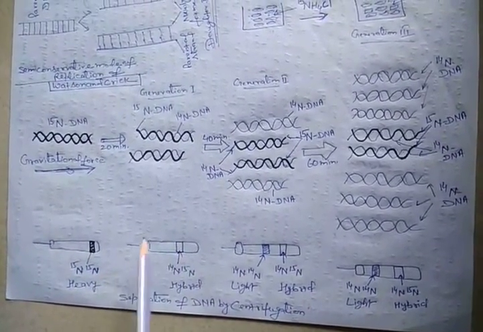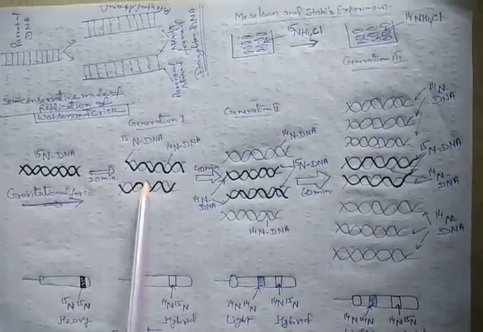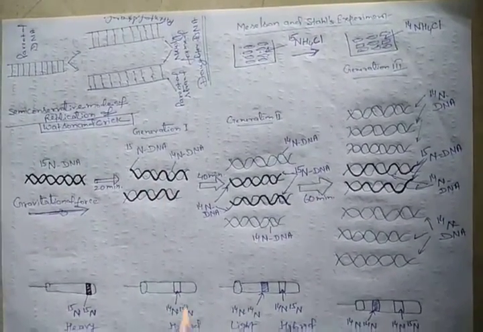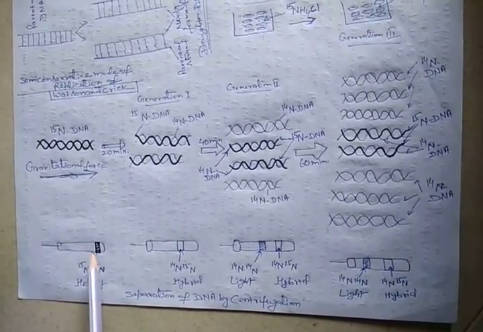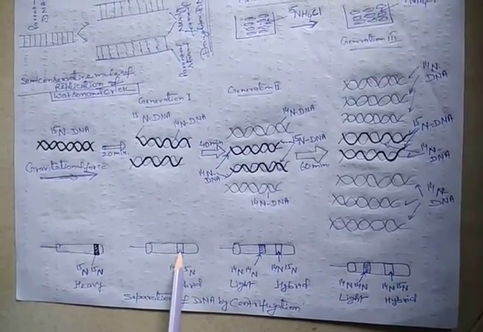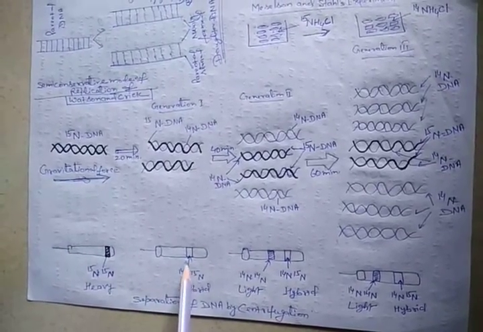They observed that the DNA of this first generation settled slightly higher than the parental DNA, which indicates that it contains both N14 and N15.